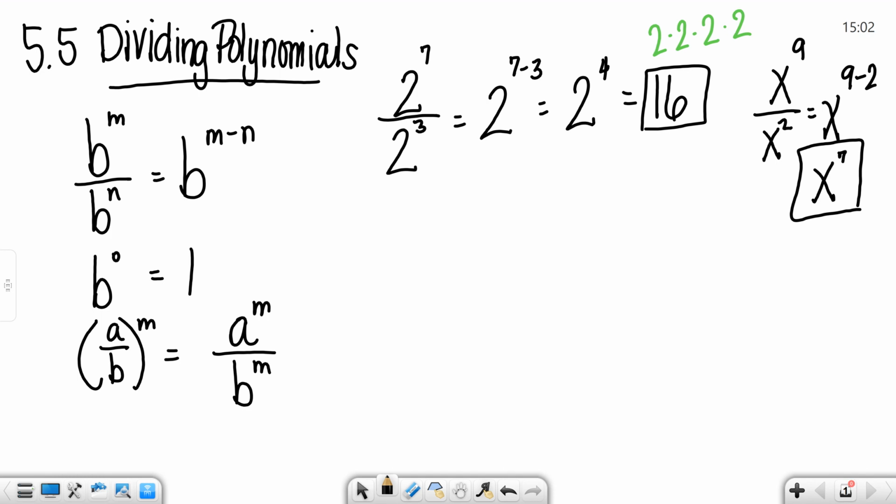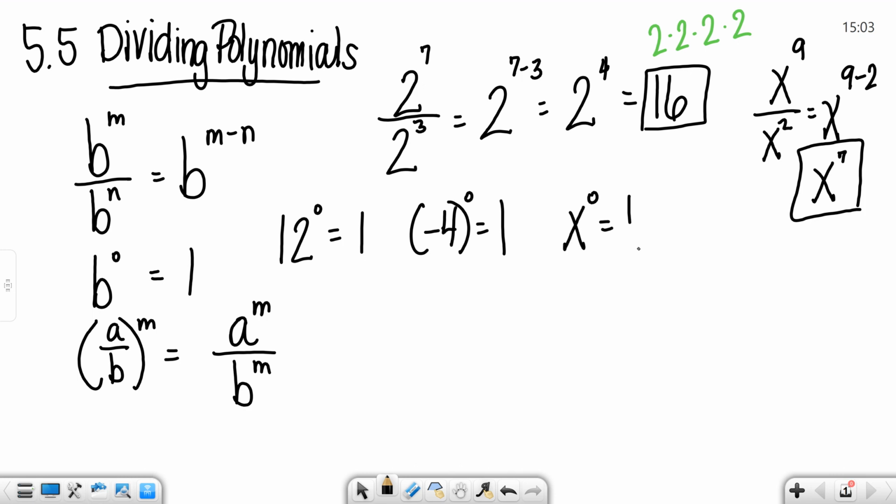All right, so let's go to the 0 exponent thing over here. If I have 12 raised to the 0 power, it is 1. If I had negative 4 raised to the 0 power, it is still 1. If I had x to the 0 power, it is 1.